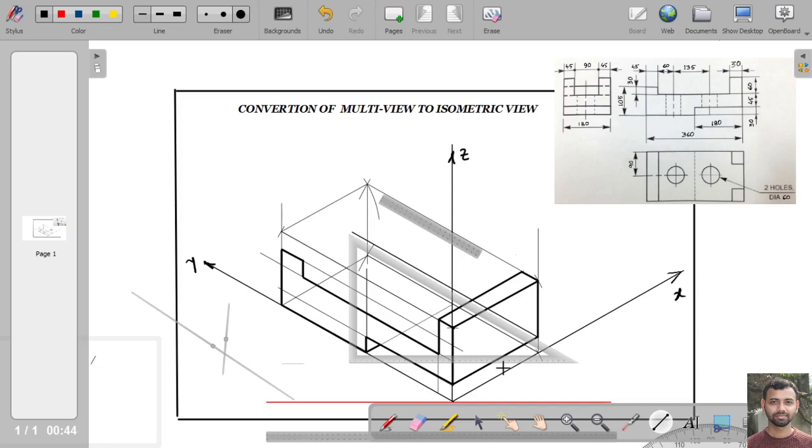Okay, similarly, so this point is completed. Any other lines are left?